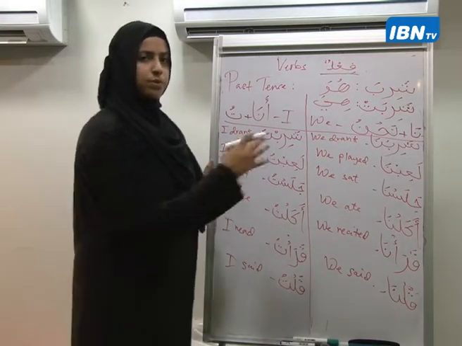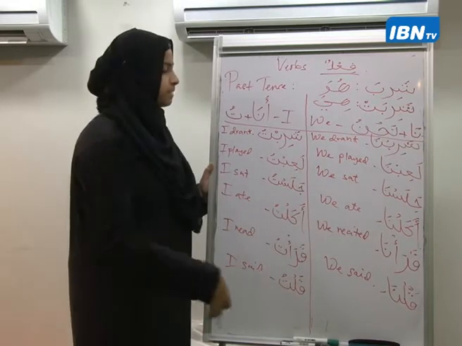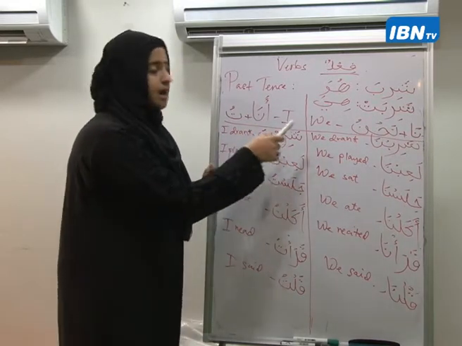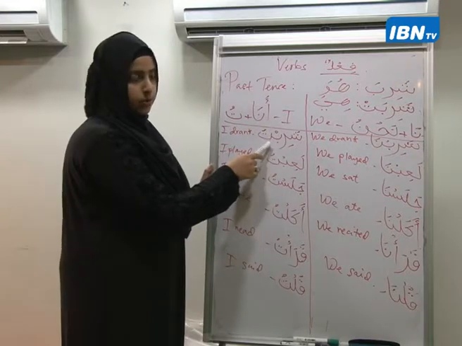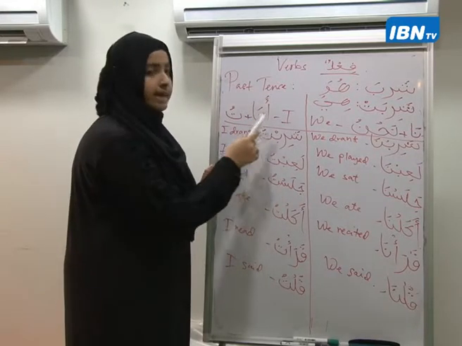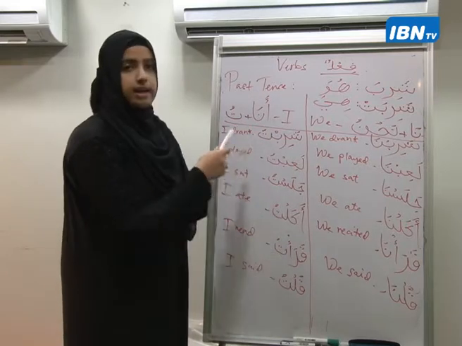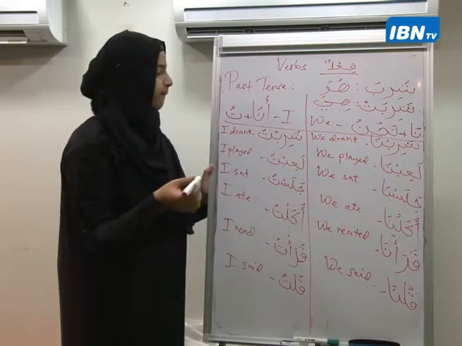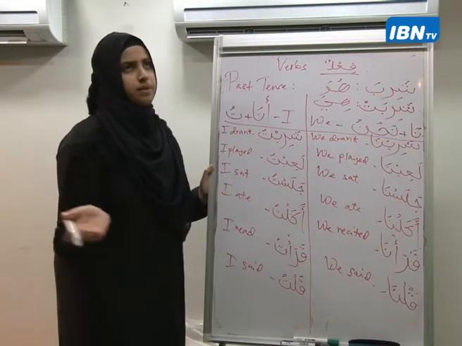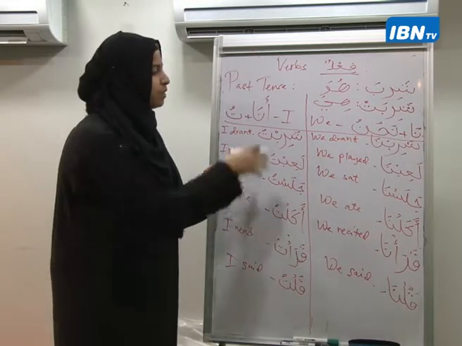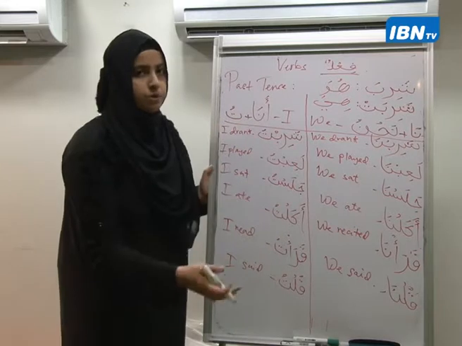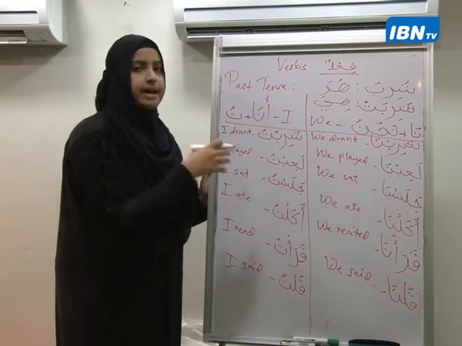So just to go through one last time with these verbs. So we have sharibtu, we have ana sharibtu, ana la'ibtu, ana jalastu, ana akaltu, ana qara'tu, ana qultu. Okay, and of course, you notice most of the speakers don't really keep on saying ana sharibtu, ana la'ibtu, ana jalastu.